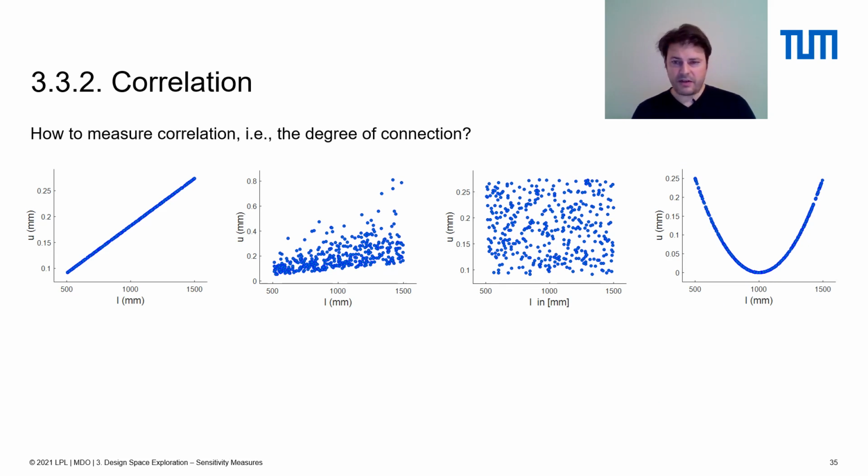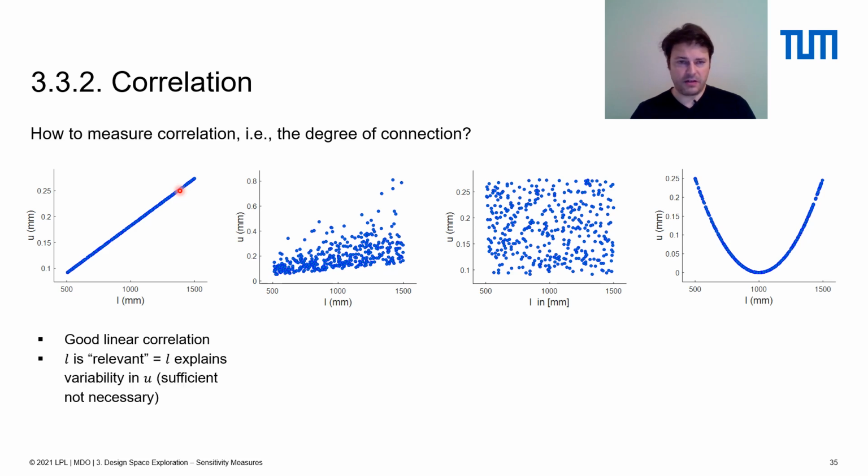Let's look at 4 examples and think whether we observe a good or a bad correlation. In the first example on the left-hand side, we observe a good linear correlation, and from that we can conclude that L is a relevant design variable because by adjusting L, you can adjust U.